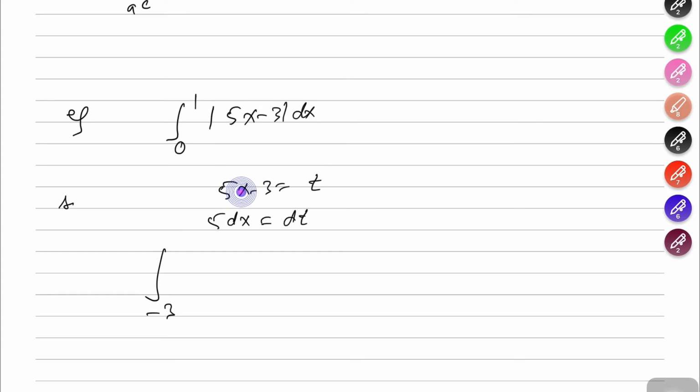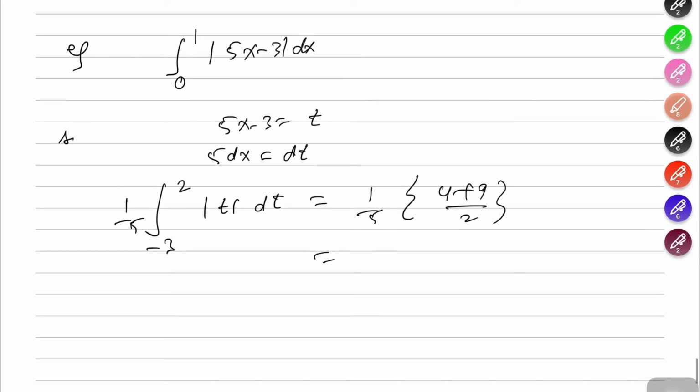If we put x equal to 1, t will be 2. And dx is dt by 5, so it becomes 1 by 5. Since minus 3 and 2 have opposite signs, we square them: 4 plus 9 by 2, that is 13 by 10. So that is the answer.